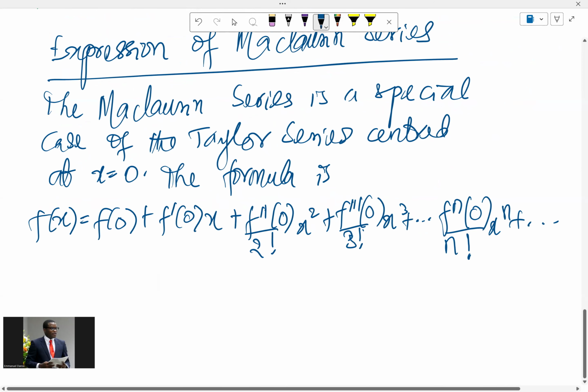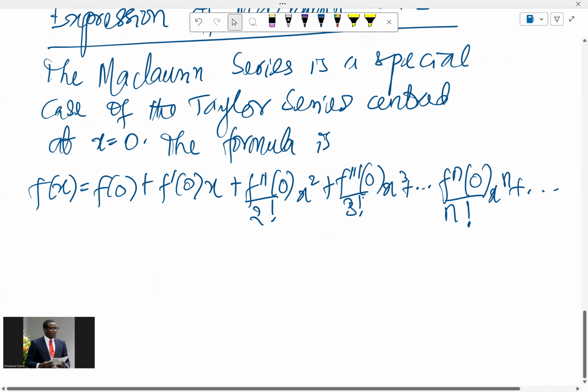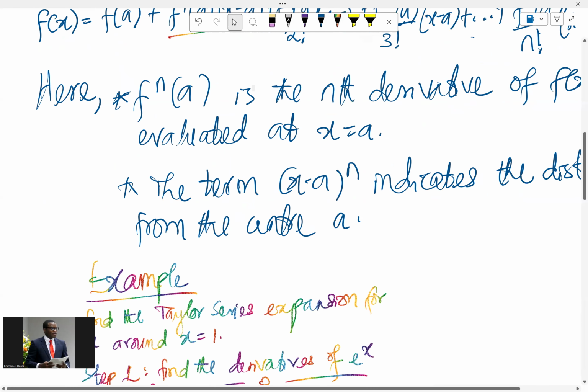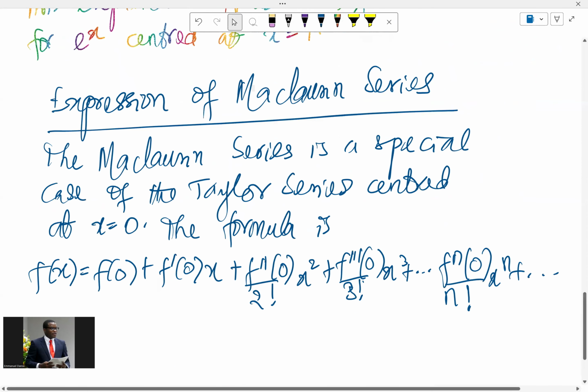It's an infinite series. So let's talk about Maclaurin series for e raised to power x, as an example.